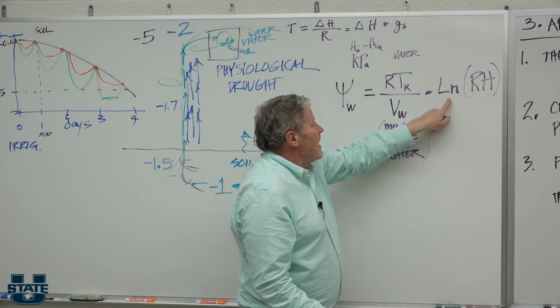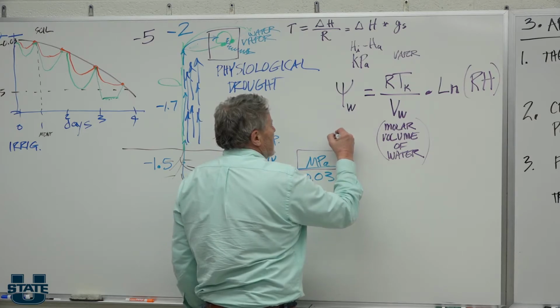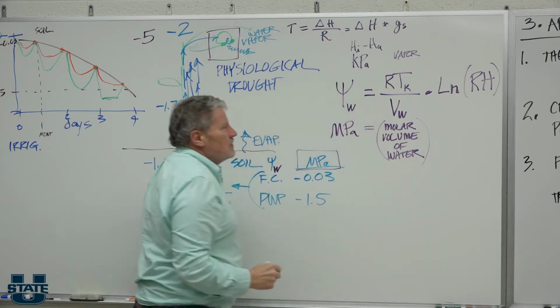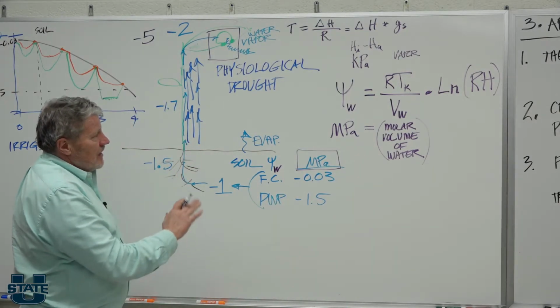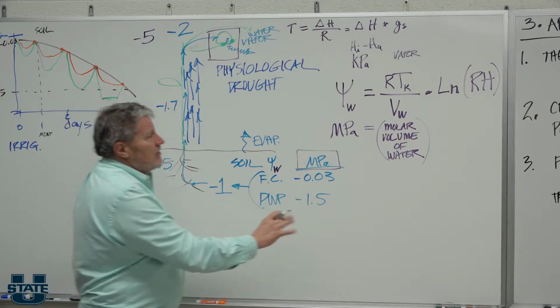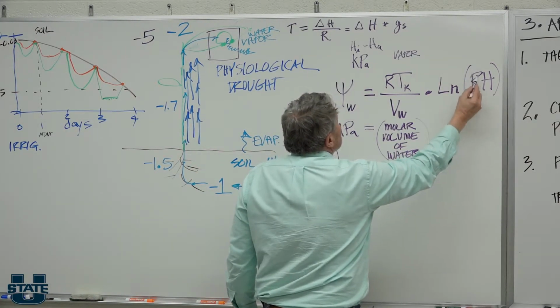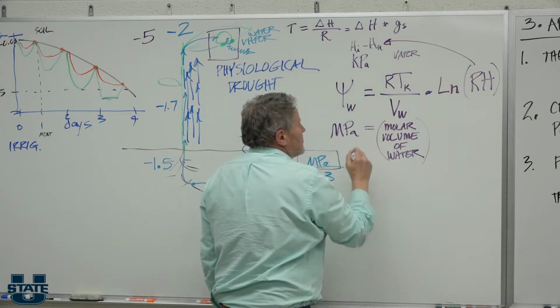It's the log of that number times this. Now we know this in megapascals. I'll give you a handout of this, but let me work it out right here. This is how we go from humidity, which we can convert to HA, to megapascals.